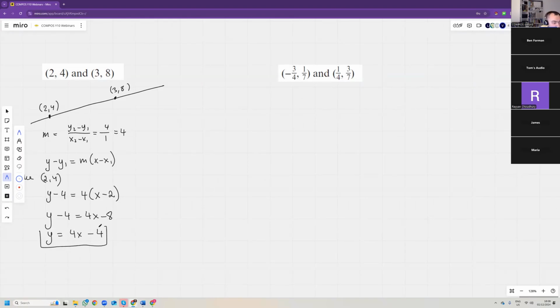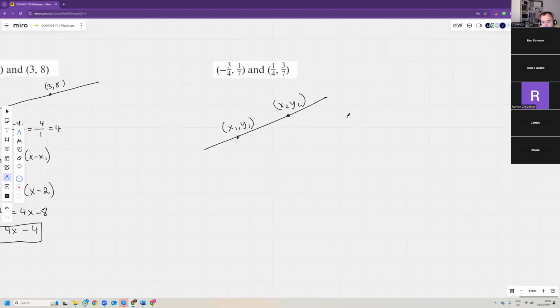If you have an equation of a line going through 2 points, let's say x1, y1, and x2, y2, you can write down the equation using a single formula. Y minus y1 over y2 minus y1 equals x minus x1 over x2 minus x1.